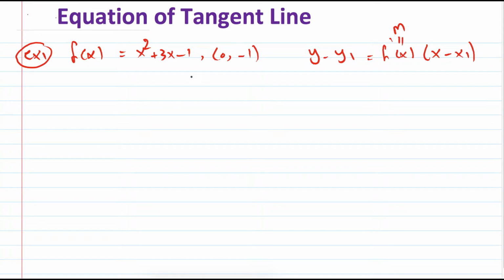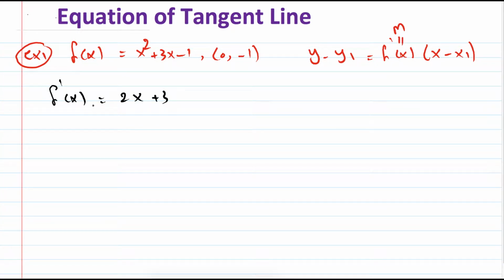Just plug in everything that you have into this equation and you'll find the equation of the tangent line. First of all, let's write f prime of x. F prime of x is the slope of the function, and if you evaluate it at the point, then it is the slope of the function at that particular point, and that is exactly what we want. So f prime of x actually equals 2x plus 3.